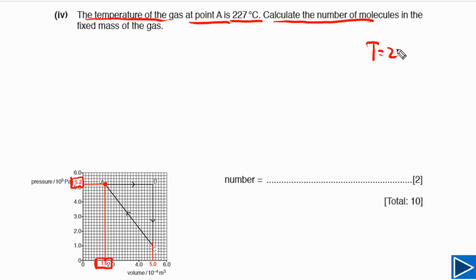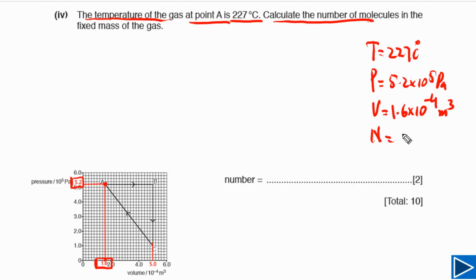Temperature is 227 degrees Celsius, pressure we read from the y-axis is 5.2 times 10 to the 5 pascal, and volume from the x-axis is 1.6 times 10 to the negative 4 cubic meters. The question is asking us to find the number of molecules.